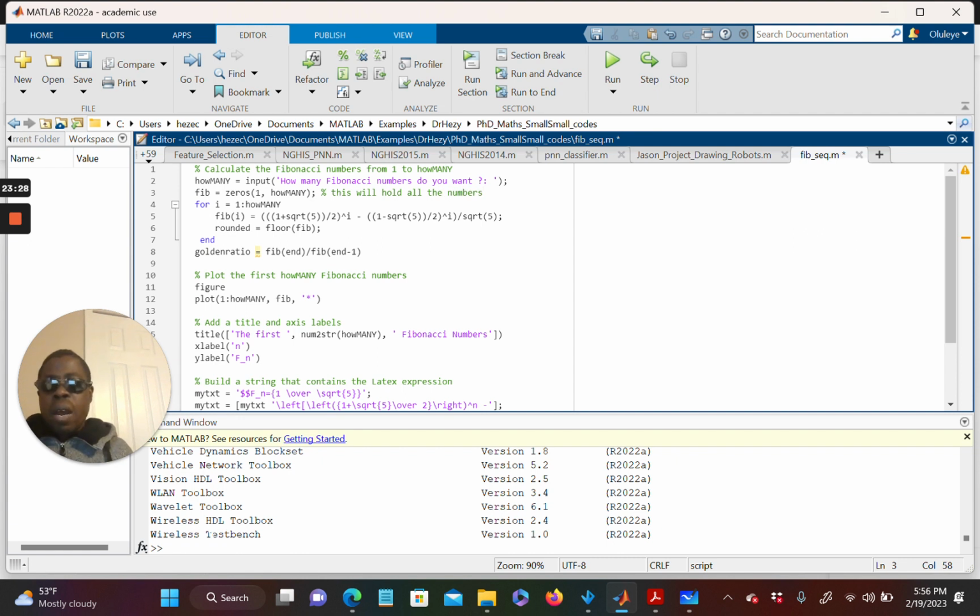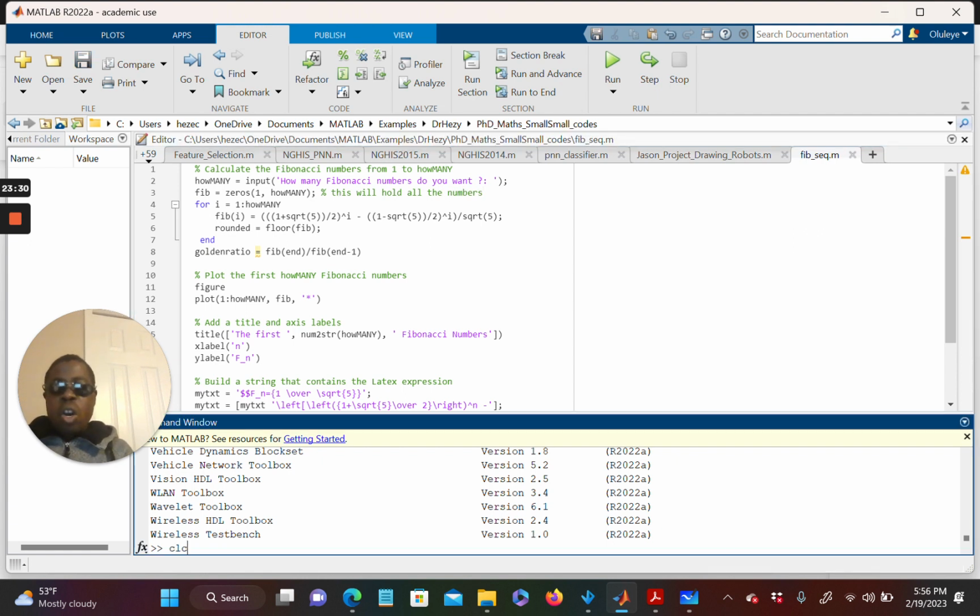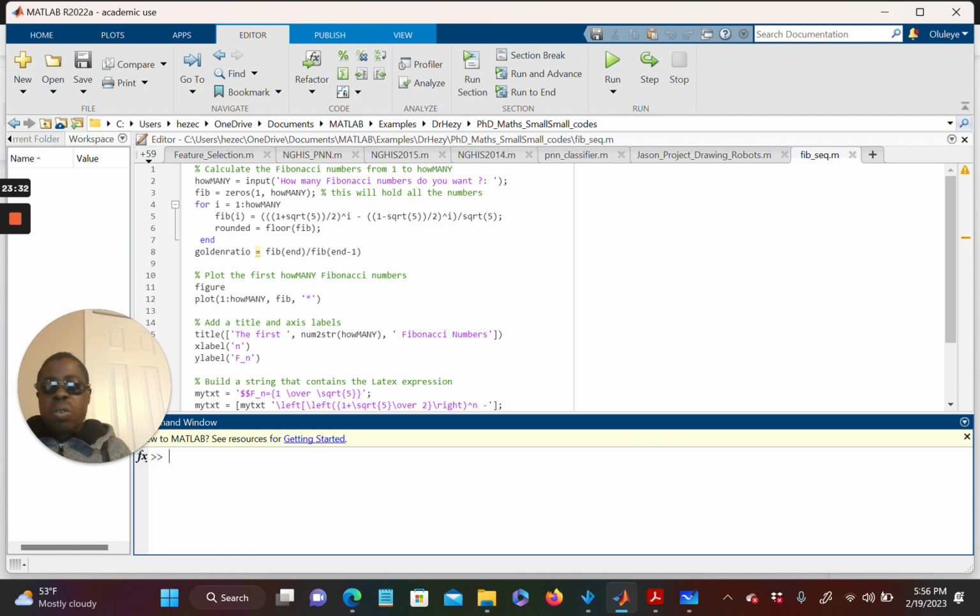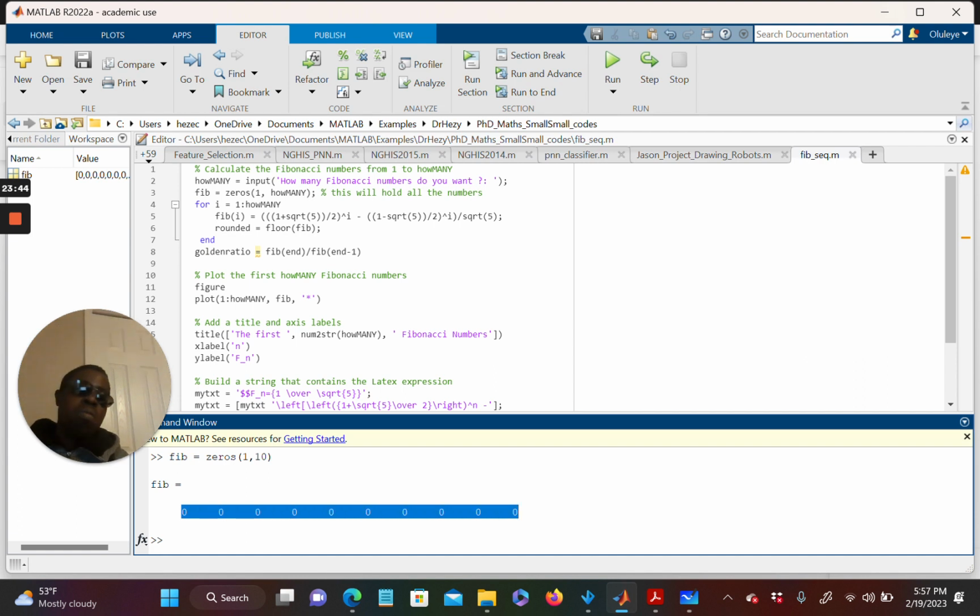Okay? Now, let me explain to you the nature of the zeros. If I say fib equals zeros 1 to 10, see what I have. Initially, it's going to give you a 1 by 10 row vector to hold 10 Fibonacci numbers.